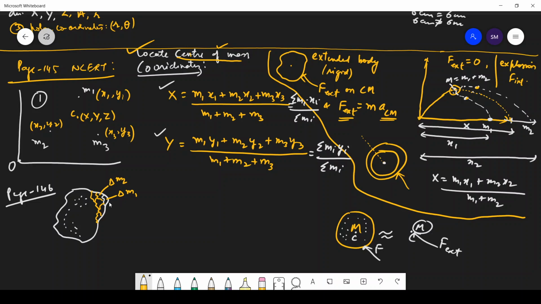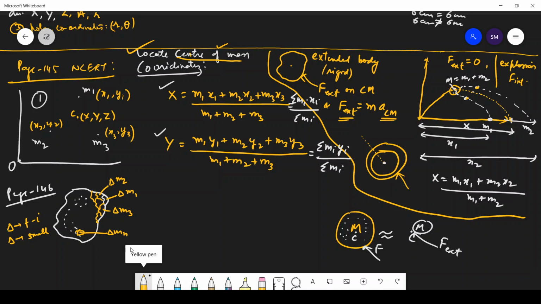Delta is used for change, final minus initial, and delta is also used for very small, okay? So two ways. And this is delta m3. Now we have subdivided the body into n small elements, delta m1, delta m2, and up to delta mn. So this can be any piece here.